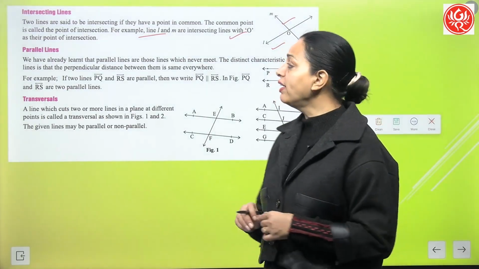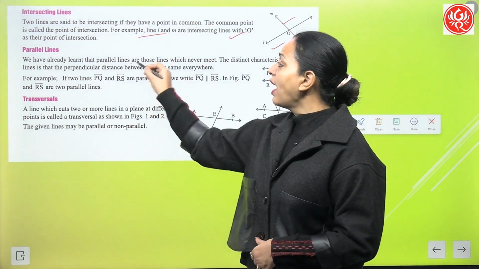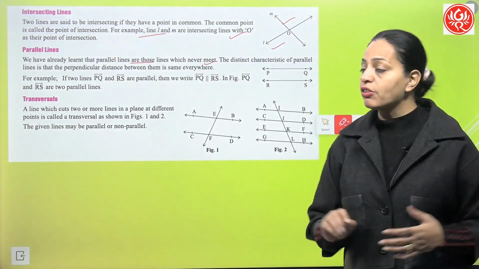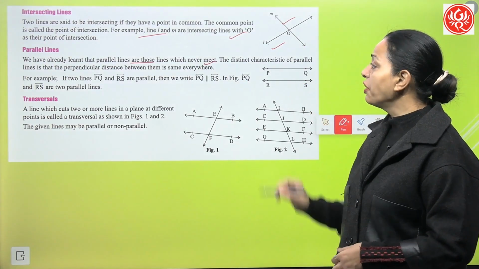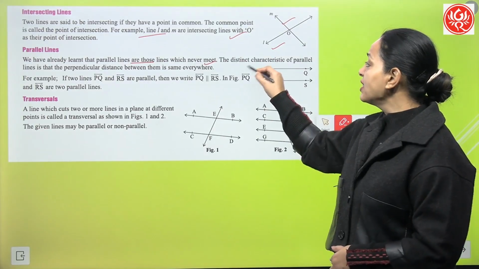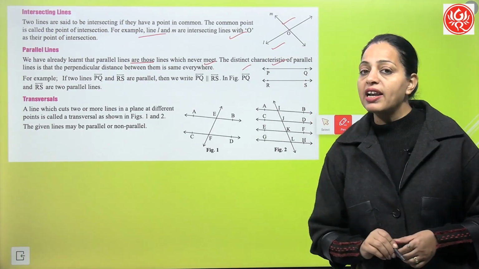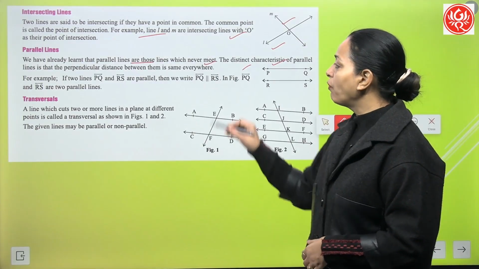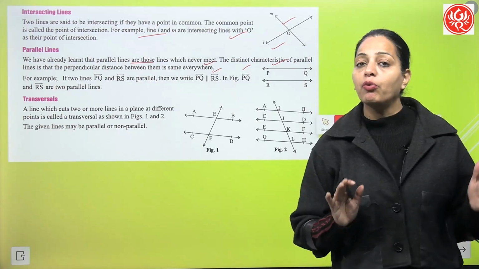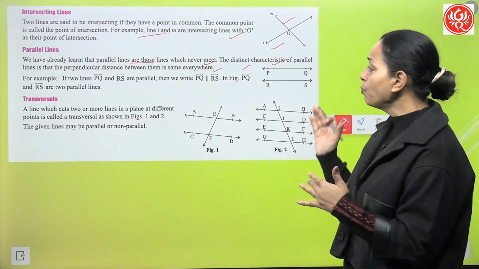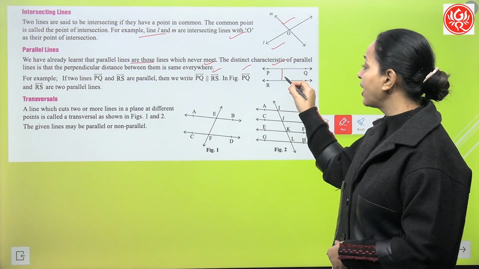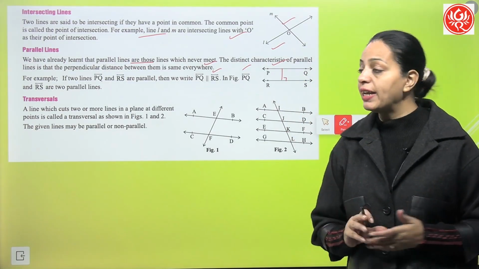We have already learned that parallel lines are those lines which never meet, okay? Two lines which never meet. The distinct characteristic of parallel lines is that the perpendicular distance between them is the same everywhere. अगर हम two parallel lines के बीच की distance लेंगे, perpendicular distance, that will remain same, right?